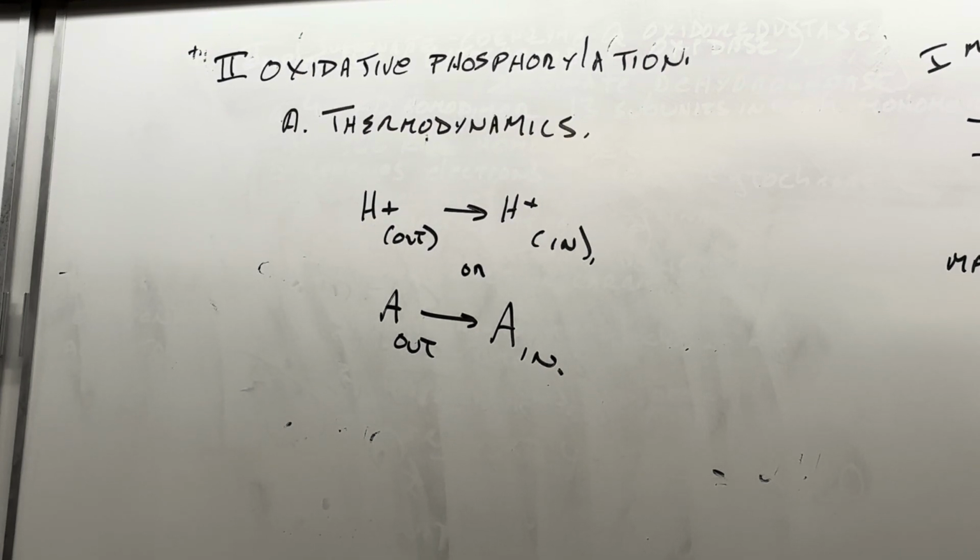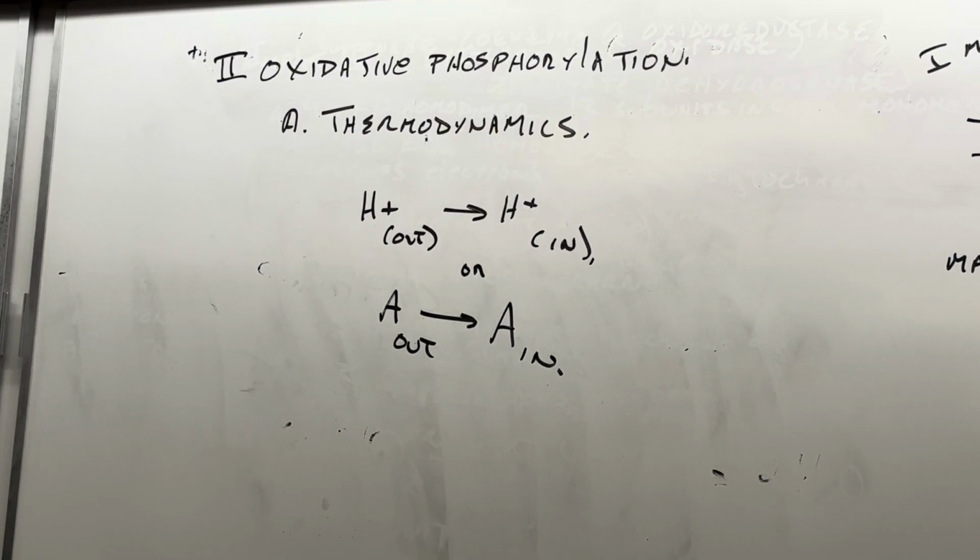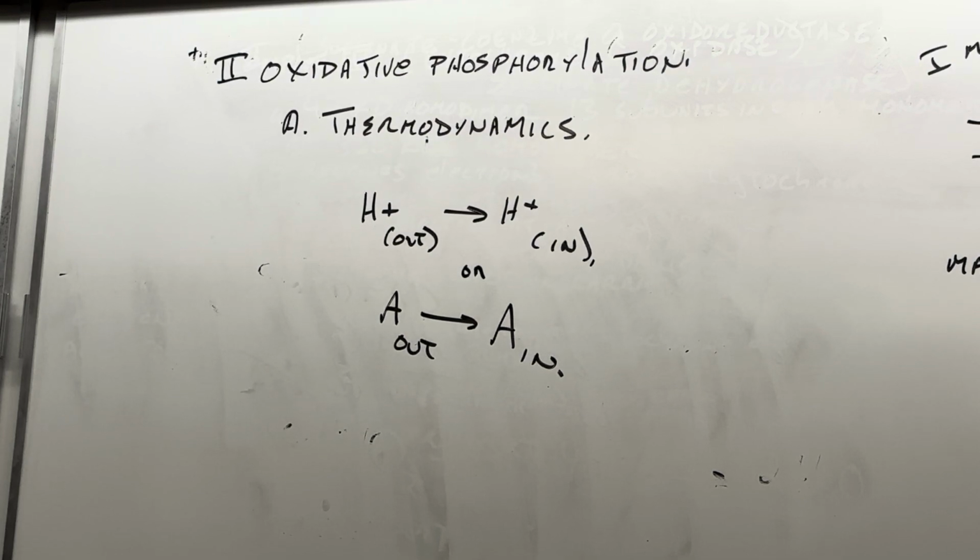What is all of this stuff? Z is the charge of the ion. In this case, with H+, it's going to be +1. Here's the Faraday constant. And then this is the membrane potential.